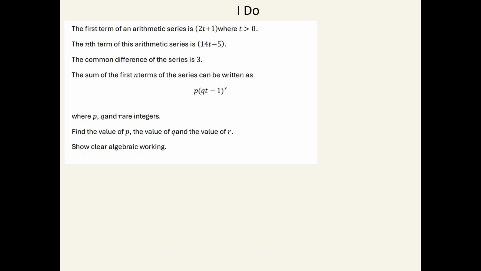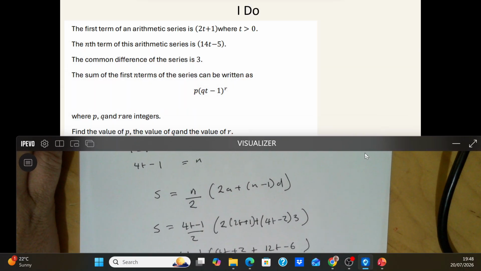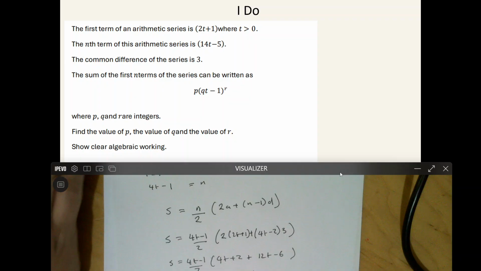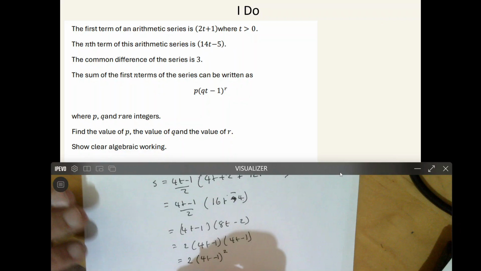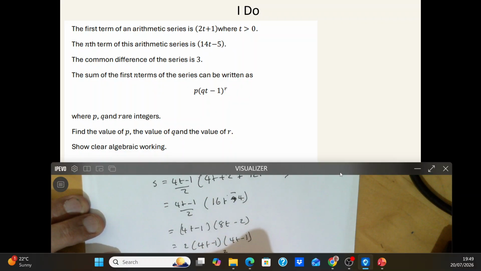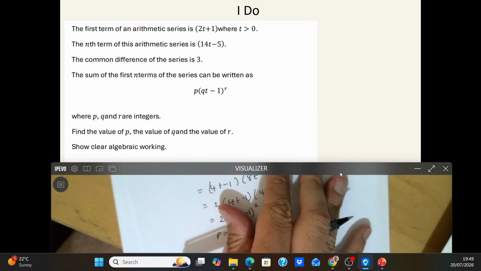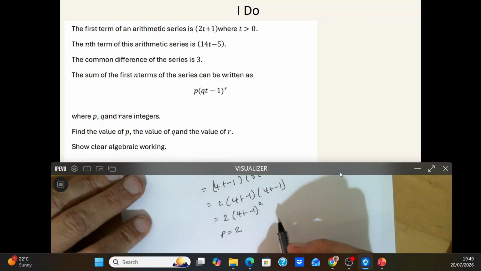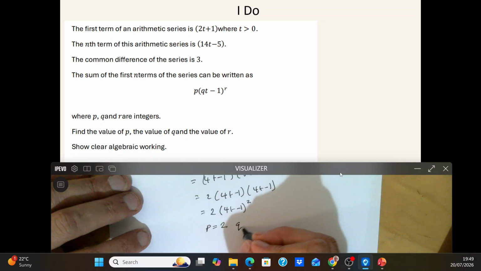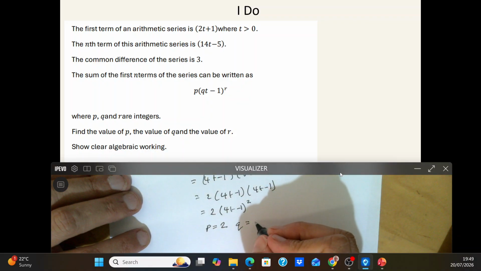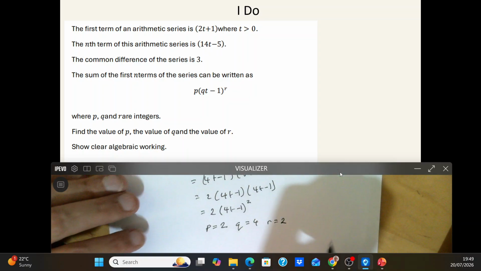Back to our question. Work out the values of P, Q, and R. So P equals 2, Q equals 4, and R equals 2.